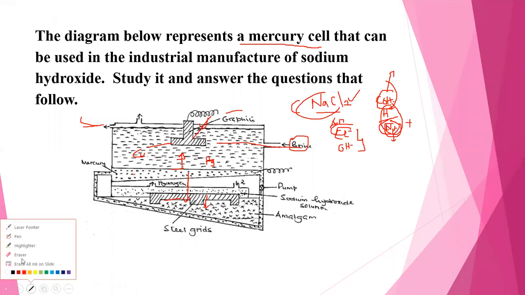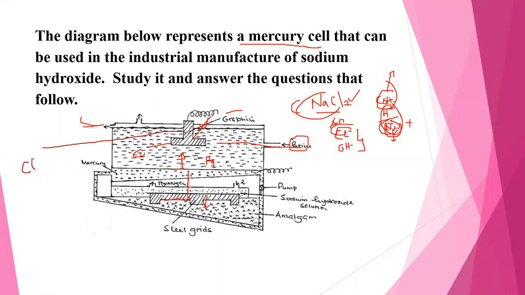So what I'm saying is, at the anode, there is oxidation, where the chloride ion will be oxidized to chlorine gas.